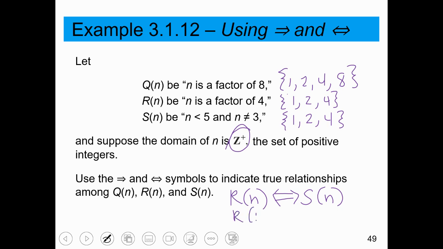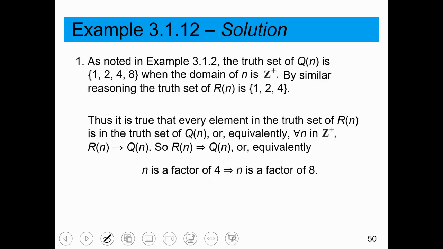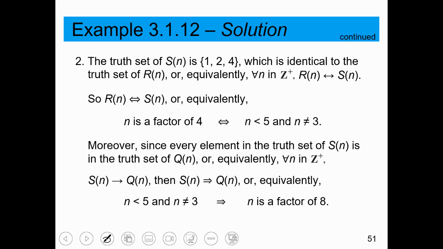So I would say R of n and then just use a one-sided arrow, and S of n and a one-sided arrow. And this is just explaining this in a lot more words.